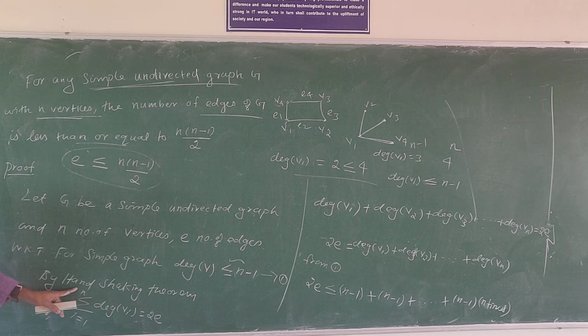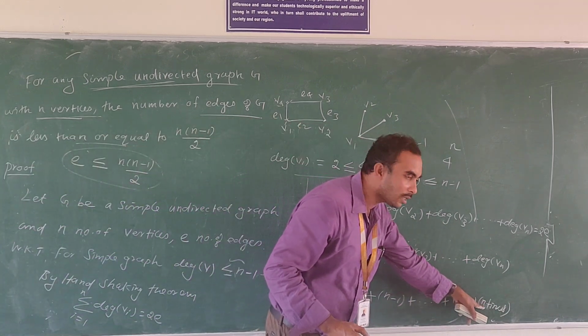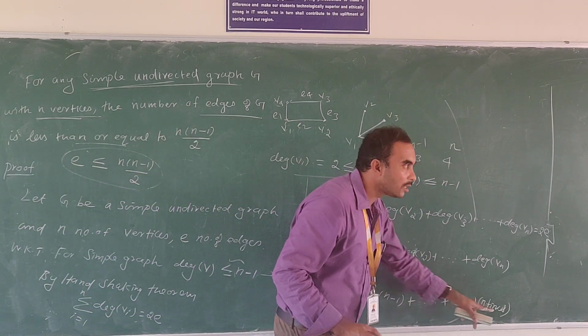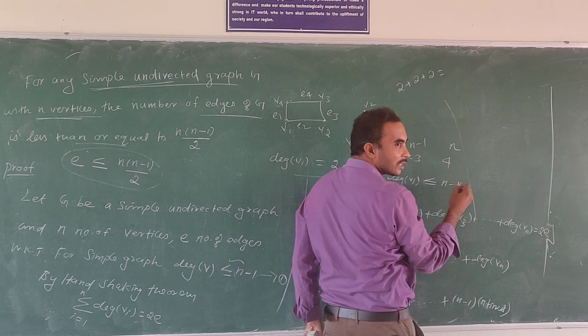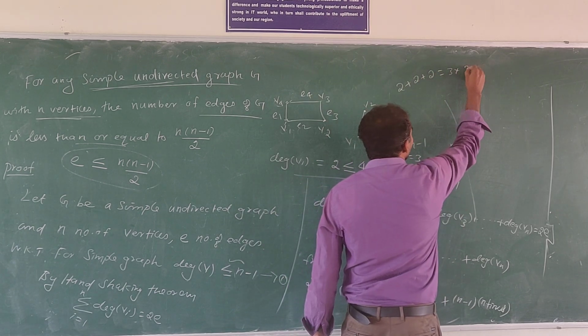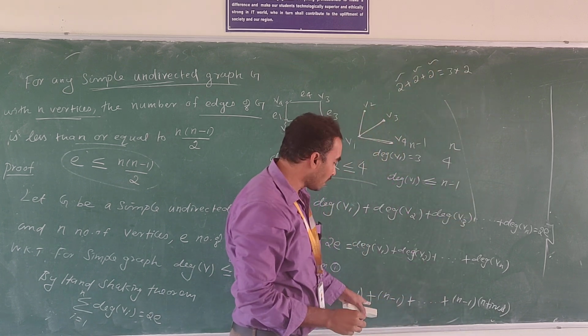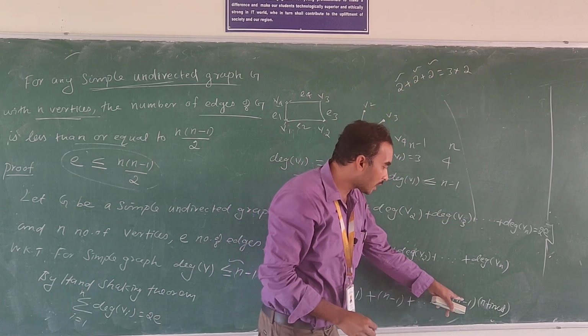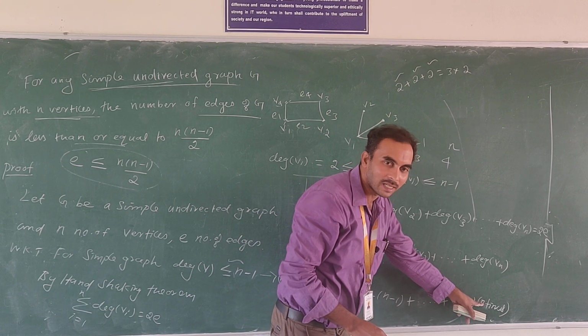So 1 plus 1 plus 1 up to n times, like that. n minus 1 plus n minus 1 up to n times. 2 plus 2 plus 2 can be written as 3 into 2, yes, 3 times. So what is n minus 1 plus n minus 1, etc., n times? What can we write?